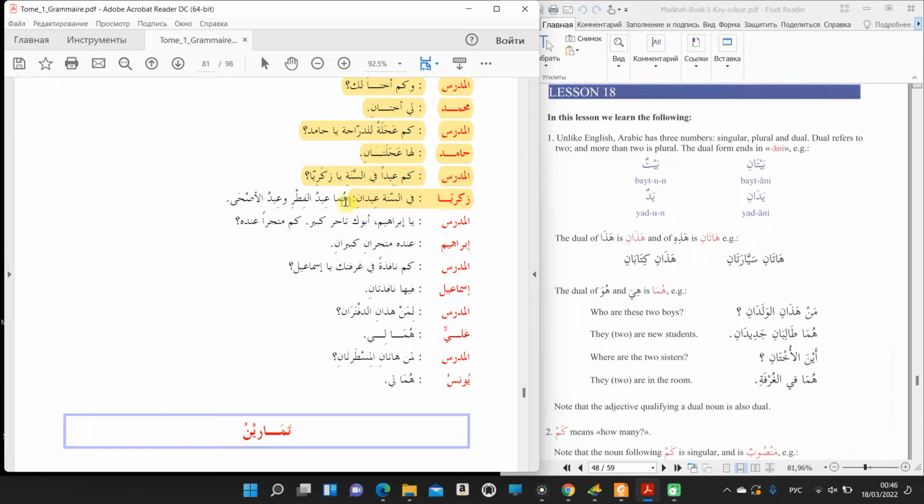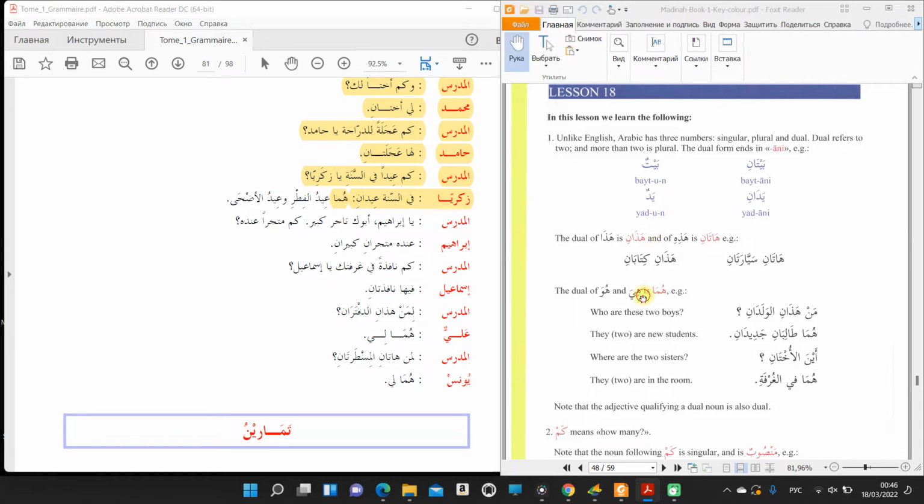هما, they are. But huma, you see, is the dual of who and he is huma. So huma means they both, or they two. So in this case, he says there are two holidays in the year, and they are, but saying they, we mean only two.